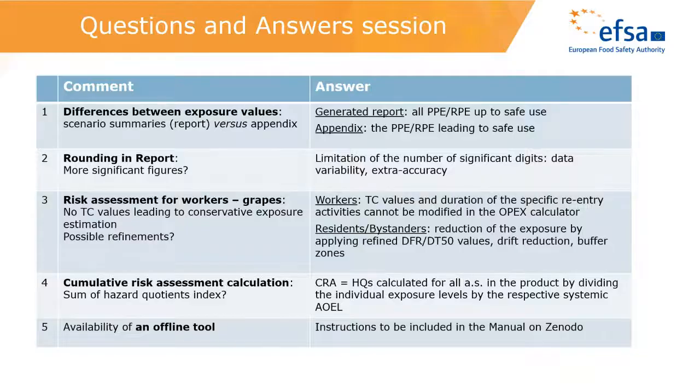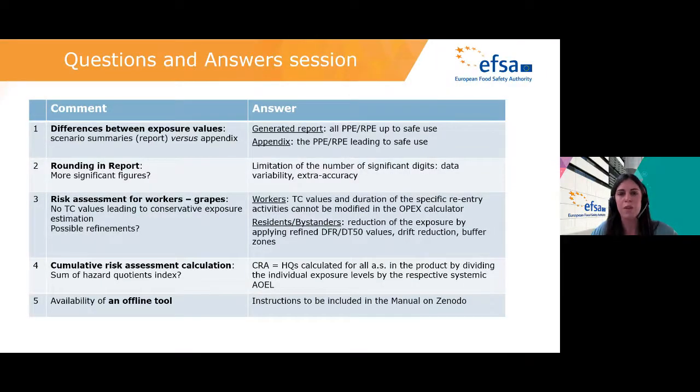So the next question is how the cumulative risk assessment is calculated. Is it simply the sum of two exposures, like for the hazard quotient index? So for the cumulative risk assessment, the individual hazard quotients are calculated for all active substances in the product by dividing the individual exposure levels by the respective systemic AOEL.